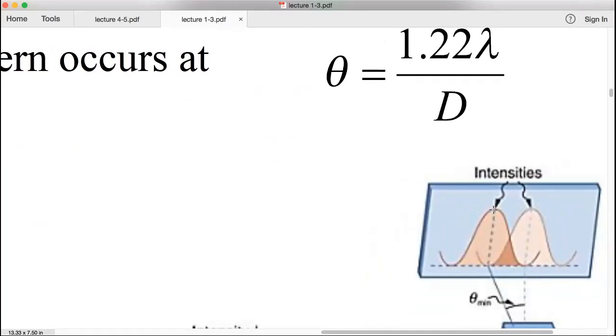These two are closely situated. So to barely observe them as two separate objects, the minimum condition is that the first minima of the diffraction peak from the first object should directly coincide with the maxima of the diffraction peak from the second particle.